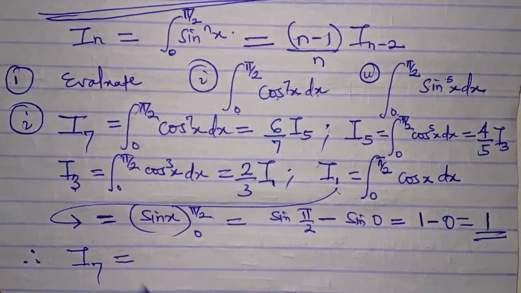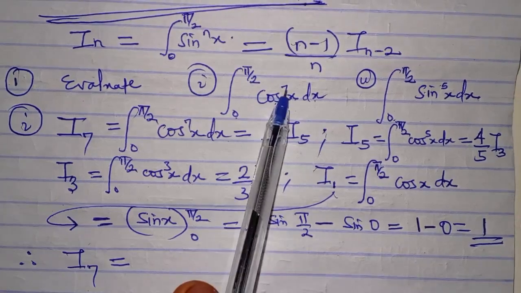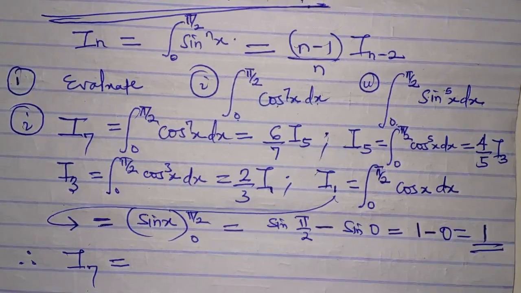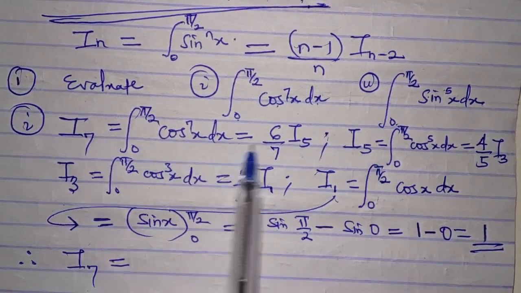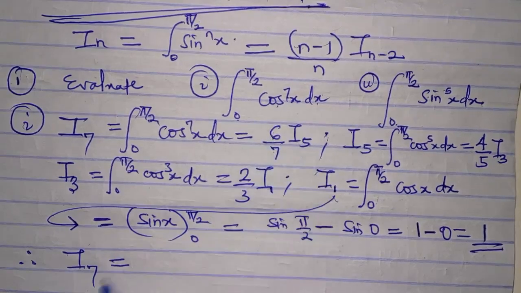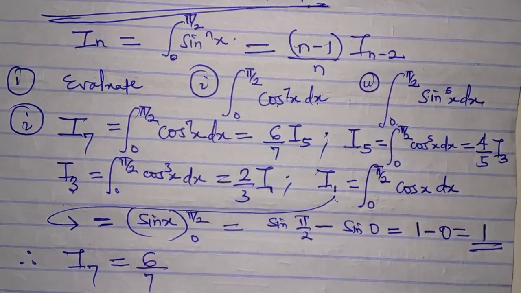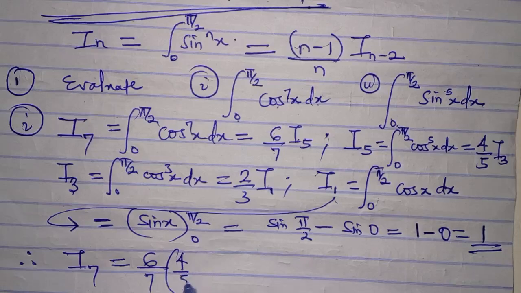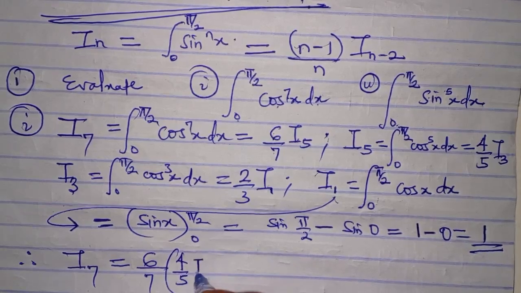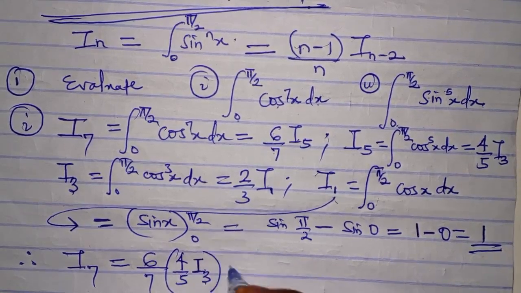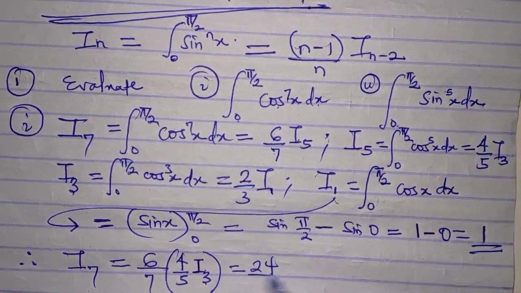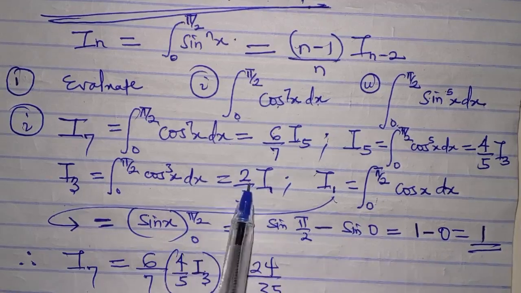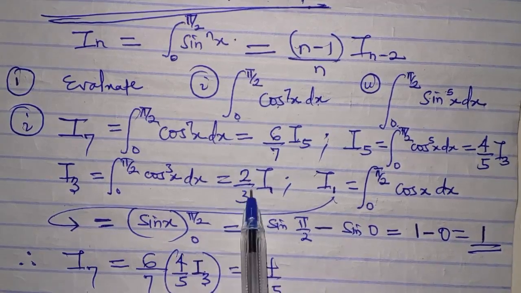Therefore, I7, which is the integral of cos x to the power of 7 dx from 0 to pi over 2, is equal to 6 over 7 I5. What's I5? That is 24 over 35 I3. What's I3? It's 2 over 3 I1.